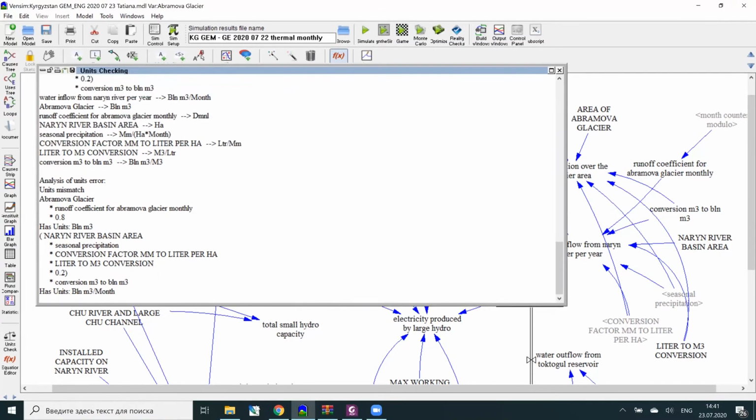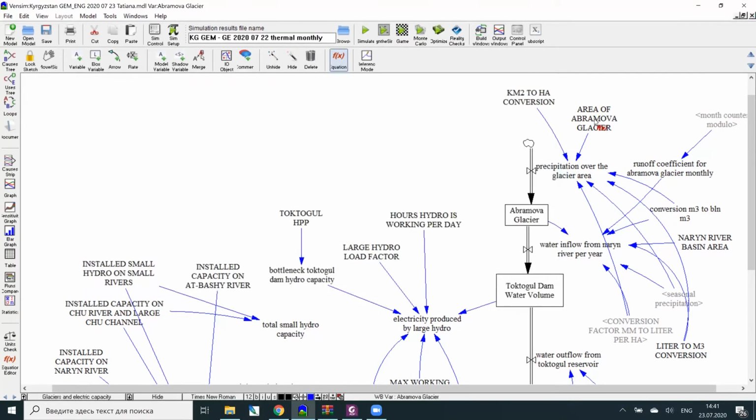So the calculation says the glacier's runoff coefficient times 0.8 is billion cubic meters, while the variables in the other portion of the equation have billion cubic meters per month. If you say that the runoff coefficient is not dimensionless, but dimensionless per month, because it's a monthly coefficient, then the unit in this case will be fine.